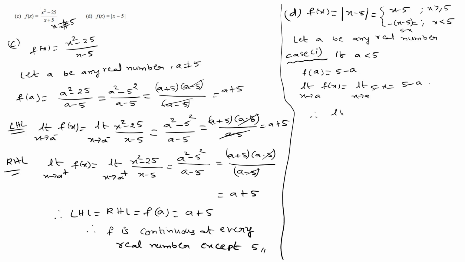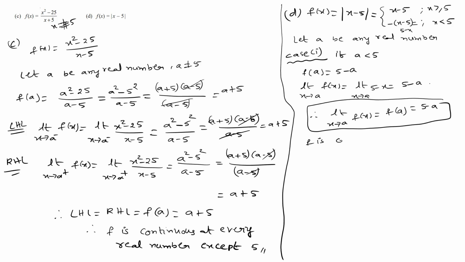Therefore, limit x tends to a, f of x is equal to f of a, which is nothing but 5 minus a. Okay, so therefore f is continuous at a less than 5.